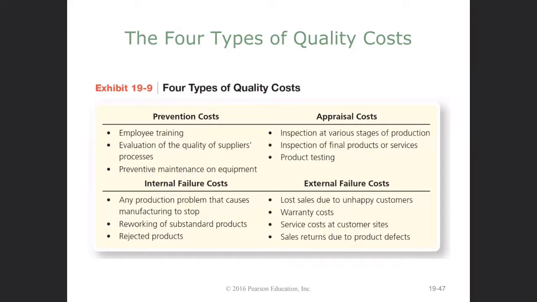And then here we just break those down a little bit more. So prevention cost, training. I know a few people have gone into professions where they didn't have any experience, they've never done it before, and they get hired, but they don't really know how to do it, and things can go bad, right?